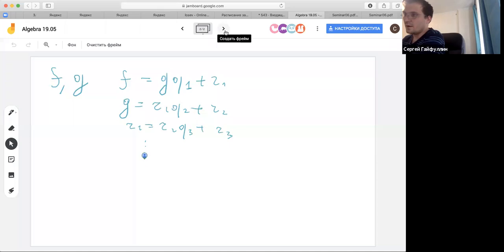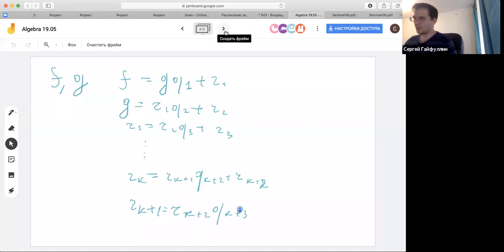I have rk equals rk+1 multiplied by qk+2 plus rk+2. Then rk+1 equals rk+2 multiplied by qk+3.